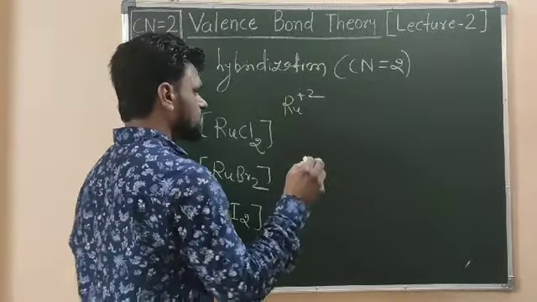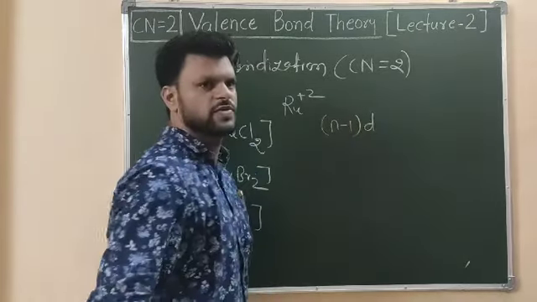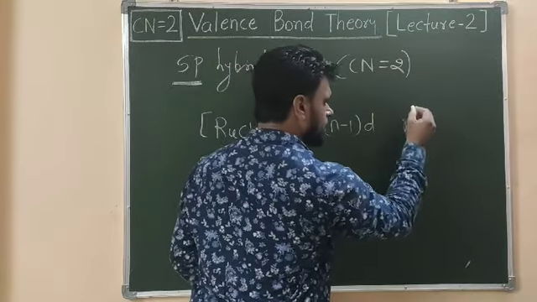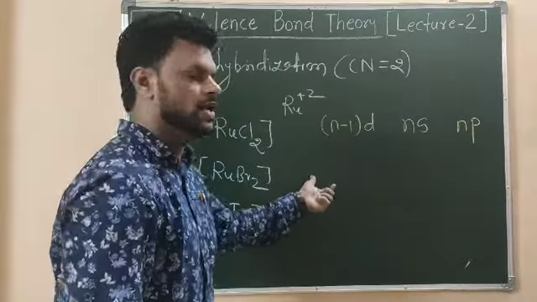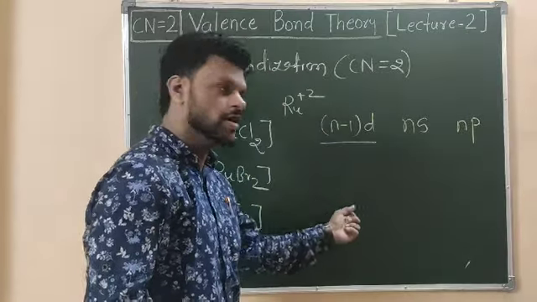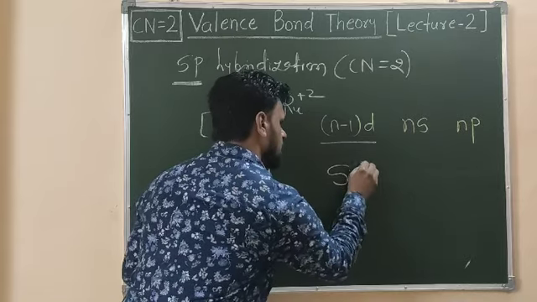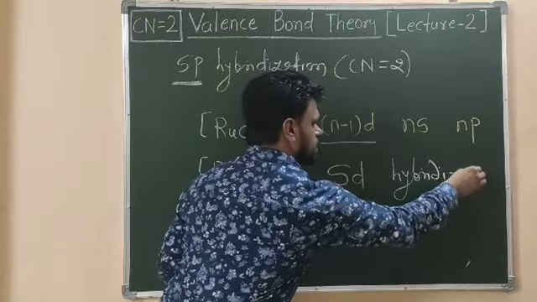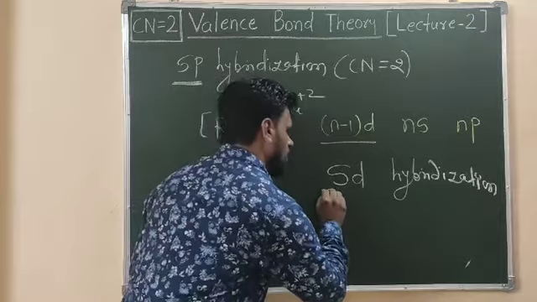Now in this case, please keep in mind, when the (n-1)d level has equivalent energy with the ns and np atomic orbitals, what happens? Now this d orbital can take part in the bonding, and you may have, remember, sd kind of hybridization, and this is a new concept you might be coming across, sd kind of hybridization.